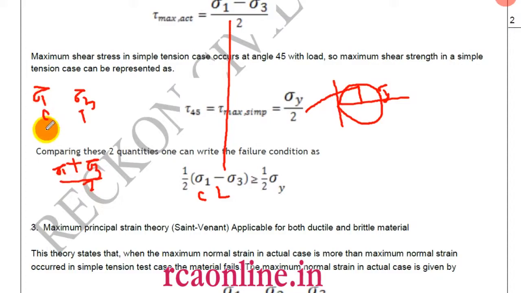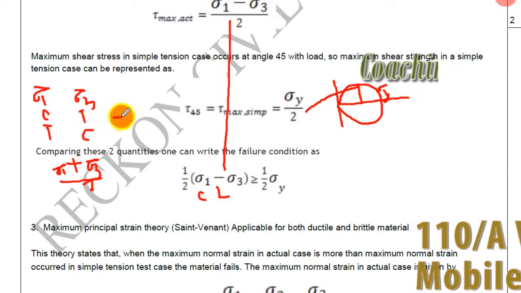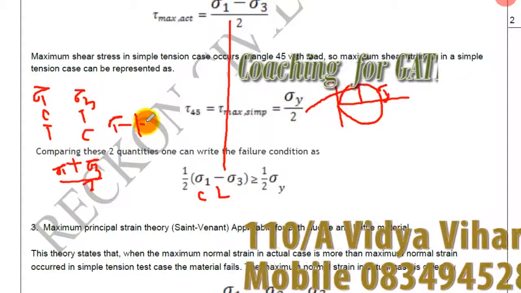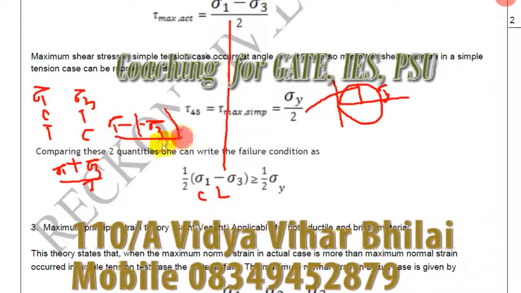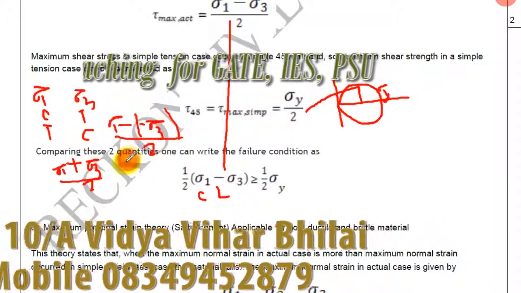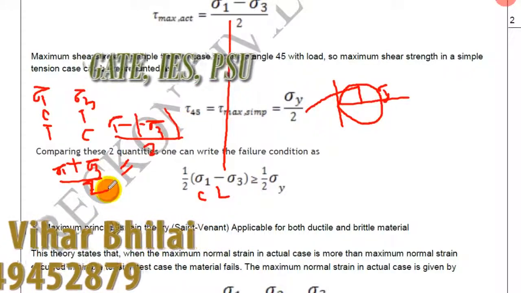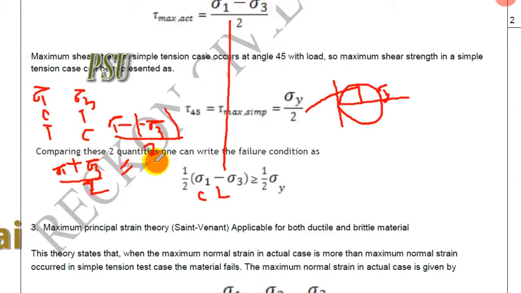Similarly, if sigma 1 is tensile and sigma 3 is compressive, then we will have sigma 1 minus sigma 3 by 2, which again turns out to be sigma 1 plus sigma 3 by 2. This will be covered more clearly in the numerical part.